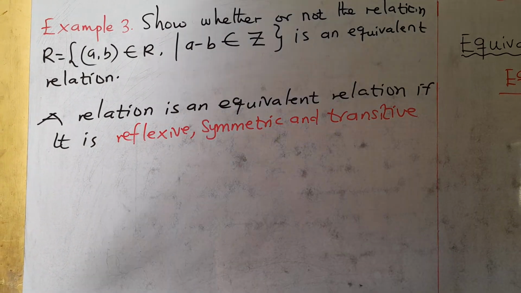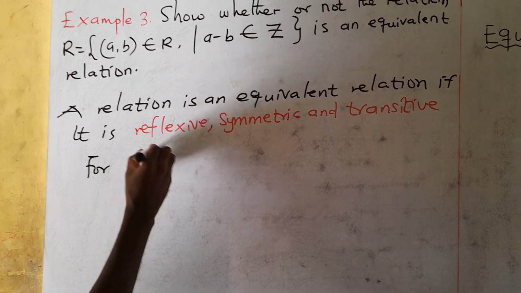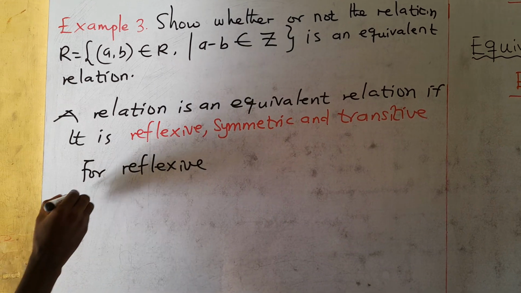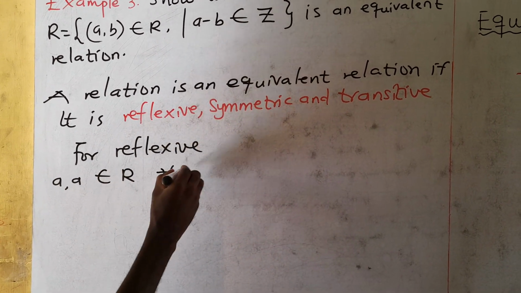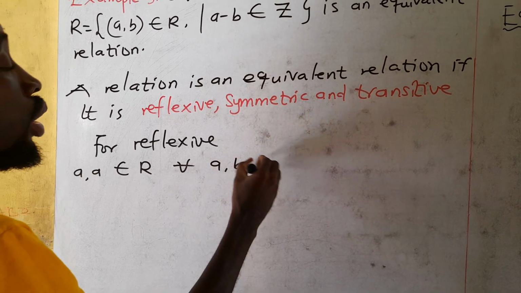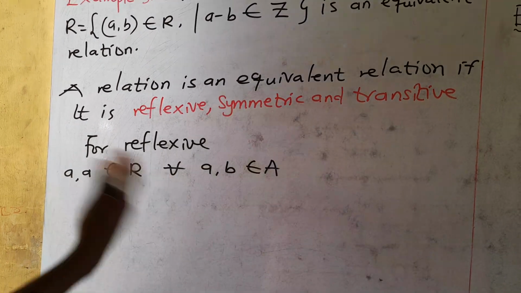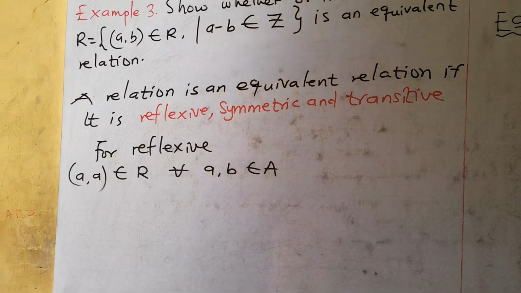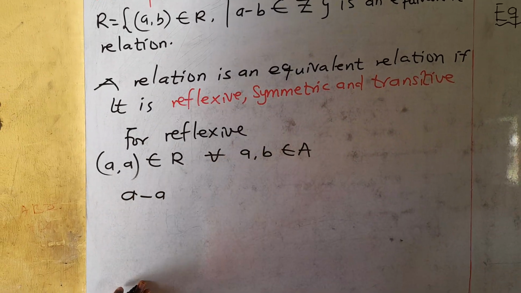So for reflexive, I want to check that (A, A) must be a member of R for all A in the set on which the relation R is defined. So we check A minus A and see if it is an integer.